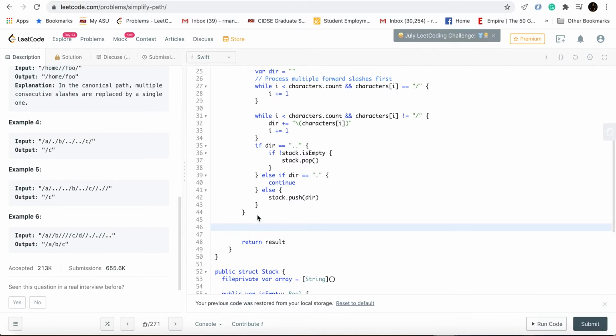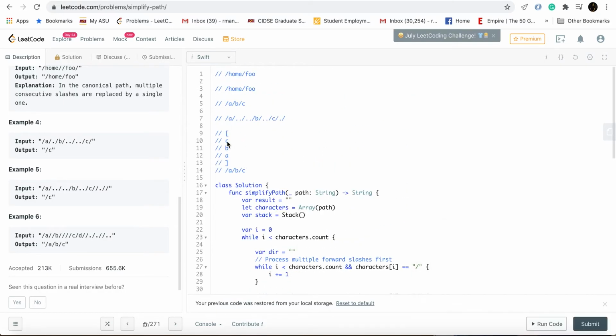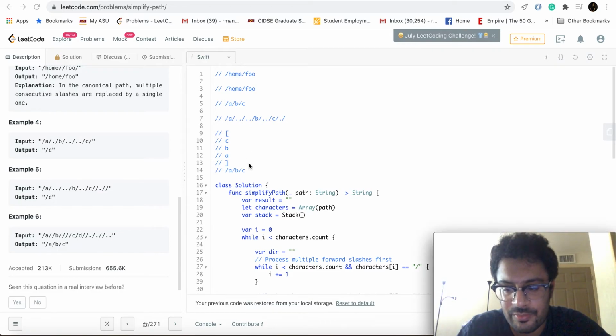Cool. So as you can see, we need to reverse this stack. If you see CBA, we can't simply pop it out and put the forward slashes in between the popped out strings, because that will give CBA. What we need is ABC.